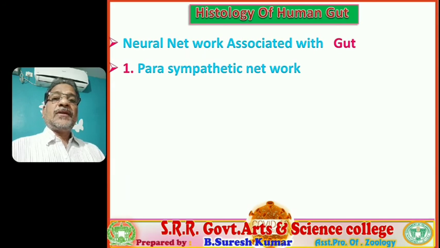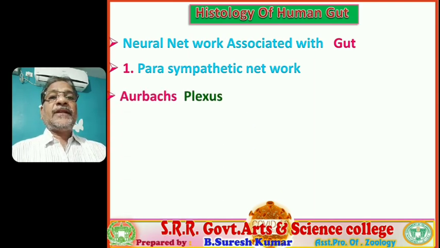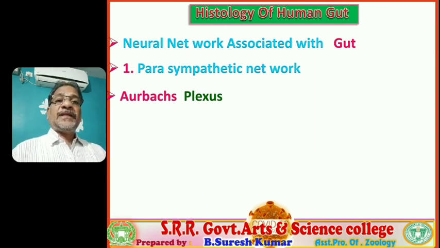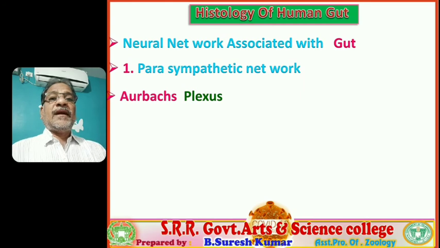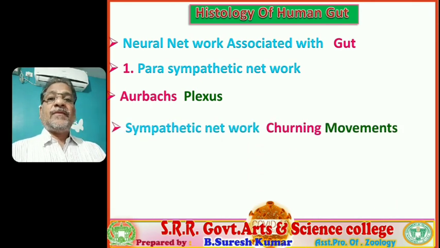So the wall of the gut also includes a neural network that belongs to the parasympathetic system, and the parasympathetic network associated with the wall of the gut is Auerbach's plexus. Remember, Auerbach's plexus. And one more network, that is the sympathetic network.